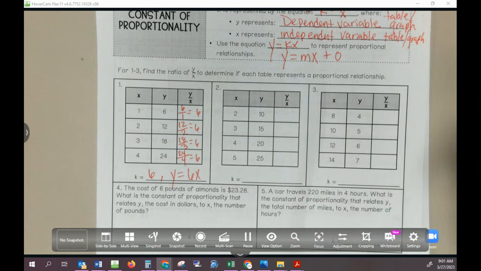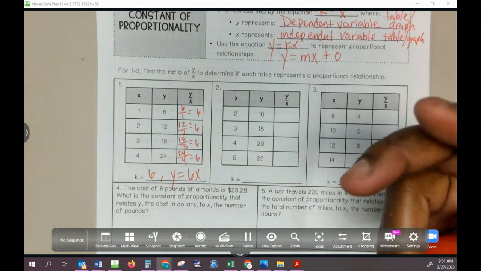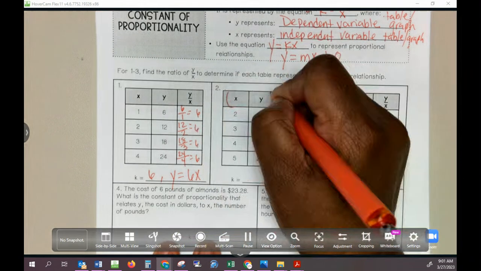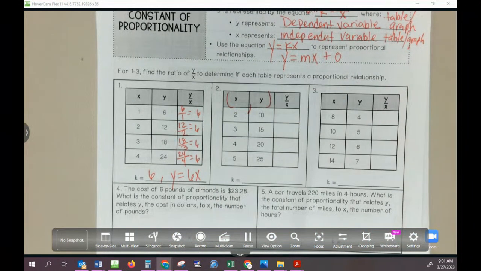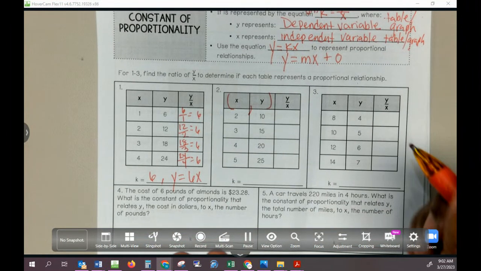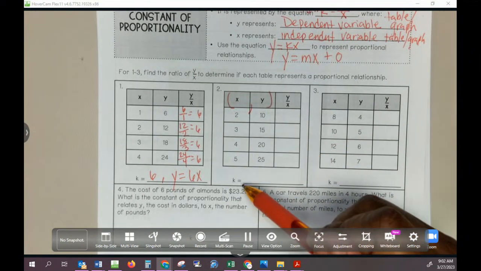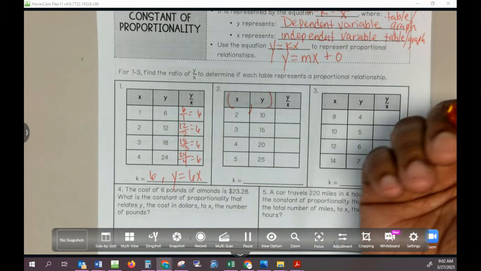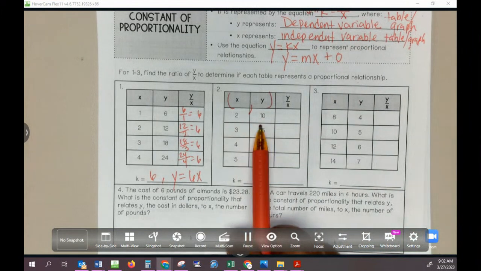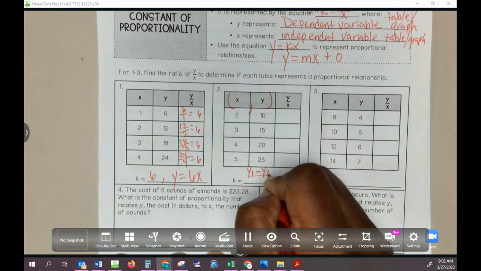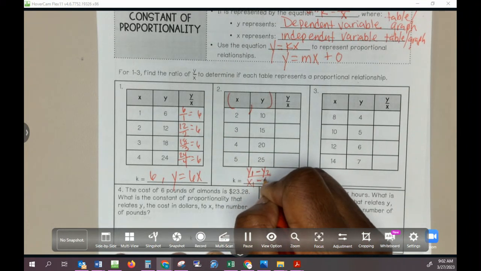Now, for the second one, we're going to do it a little differently because this is going to be the standard way to do proportional or non-proportional. So remember, x and y are coordinates, right? If I take any two coordinates, say the first two, I want to know what my k is, so I will subtract: y1 minus y2 over x1 minus x2.